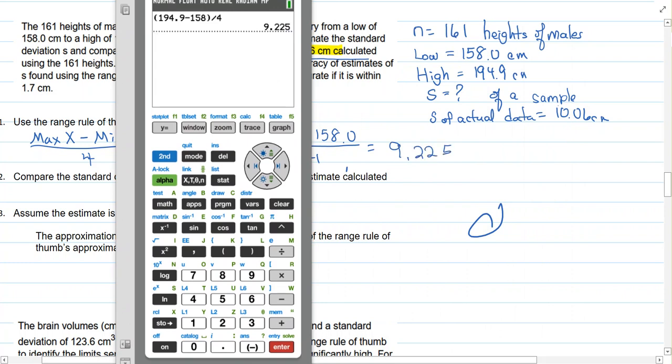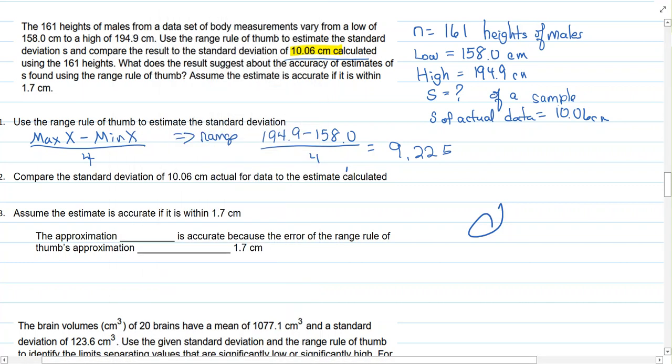Now remember they had 1 decimal, so we're going to do 2 decimals. So that means it's approximately 9.23 centimeters is the rule of thumb standard deviation.